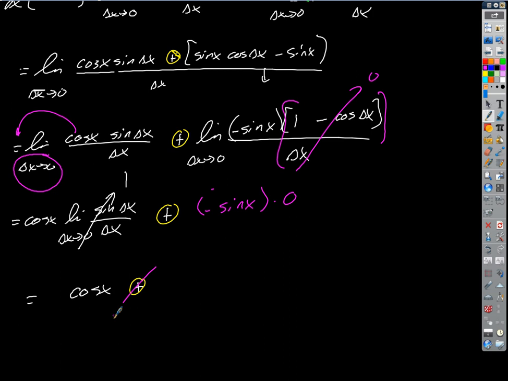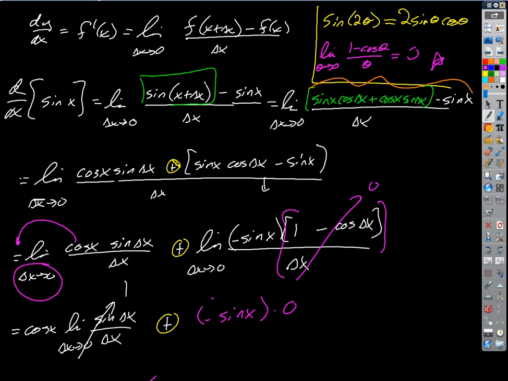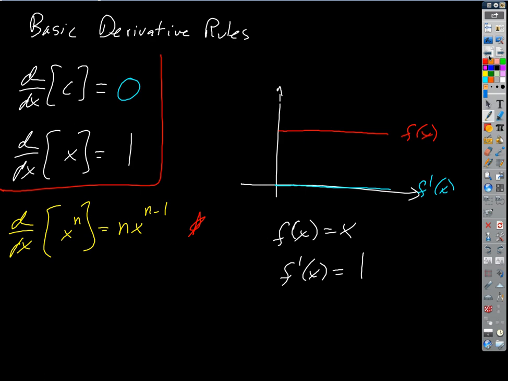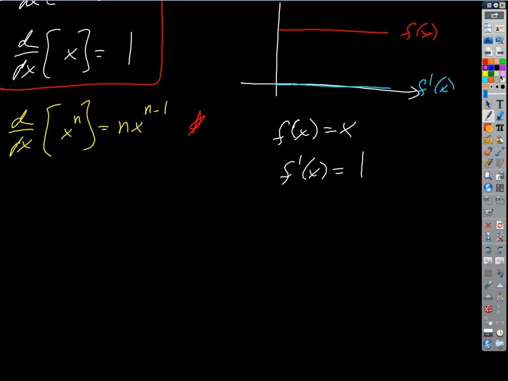So my answer is cosine x. Okay, well, what do we start with? The derivative with respect to x of sine x is cosine x. Okay, so we can add that. Let's go back and add that to our list. Where's our list? Right there. Okay, so another entry on the list here.